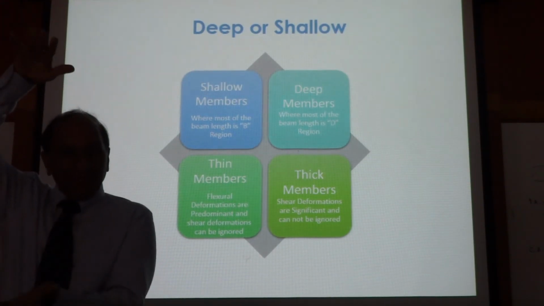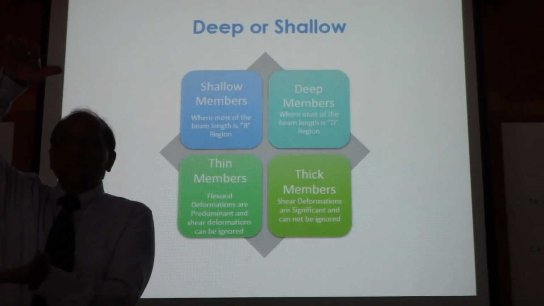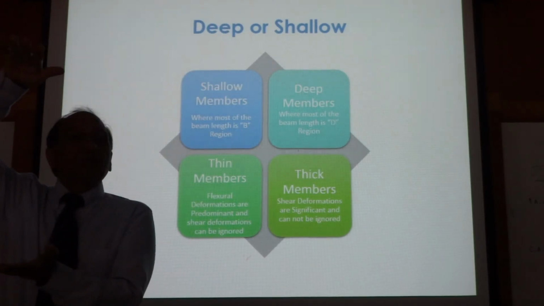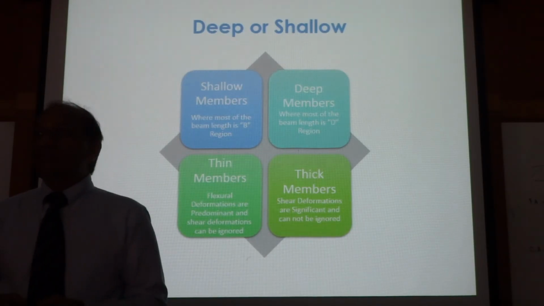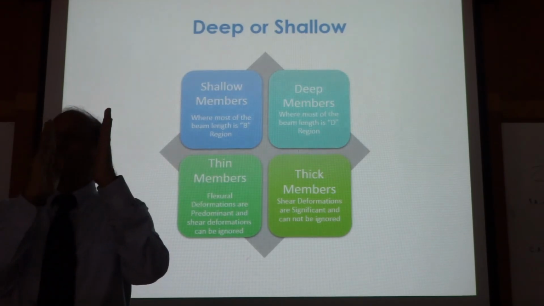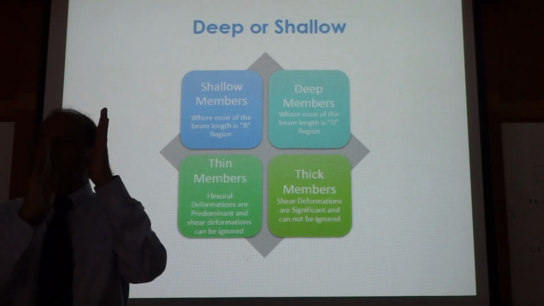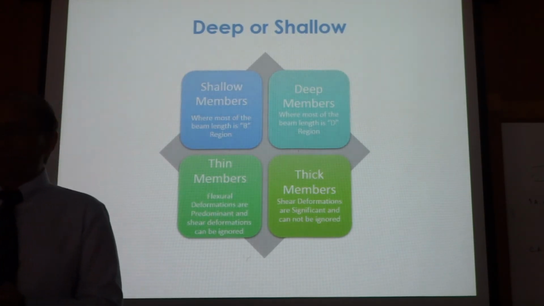So that means if the depth is increased, this flexure stiffness increases by cube. So it will become very stiff and it will not deform. The axial stresses will be too small to cause it. Then the shear deformation, which is related to only one d, will become more predominant and more important. You cannot ignore them.